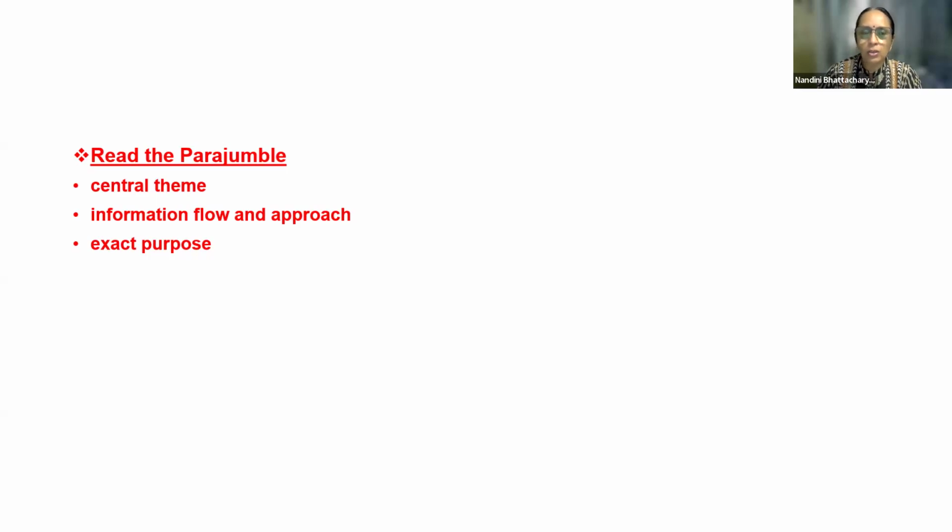So if you're dealing with a para jumble, what would you look at? Once you have understood the purpose of the paragraph, you will then go into the arrangement of the sentences, right?